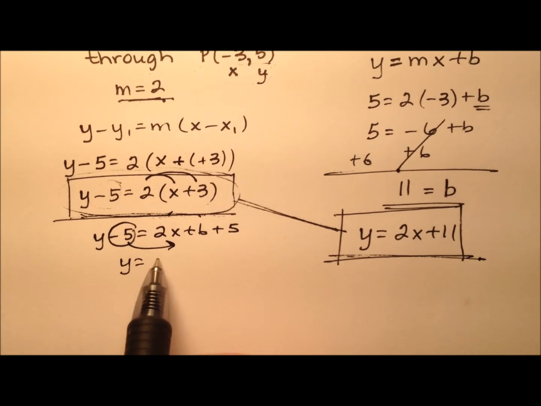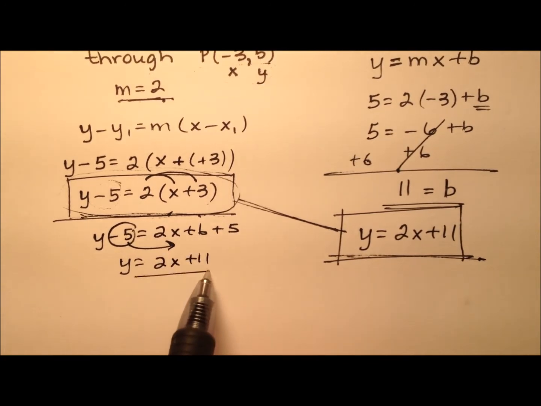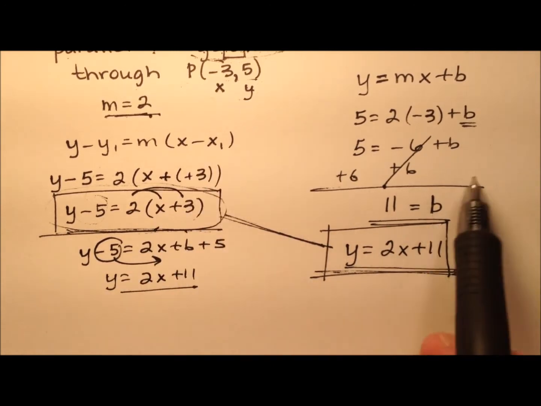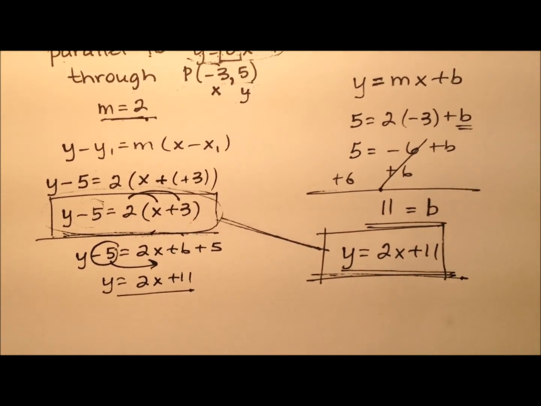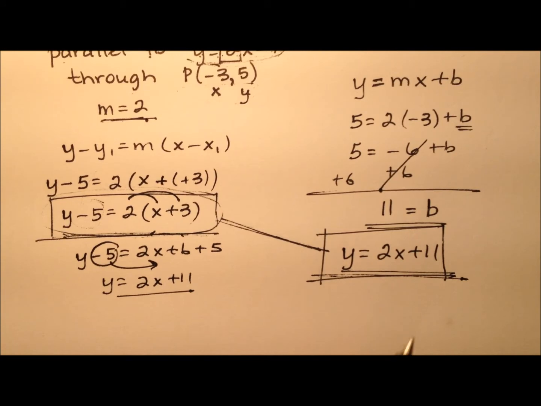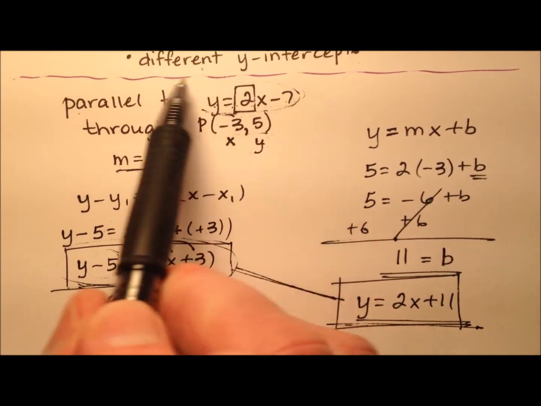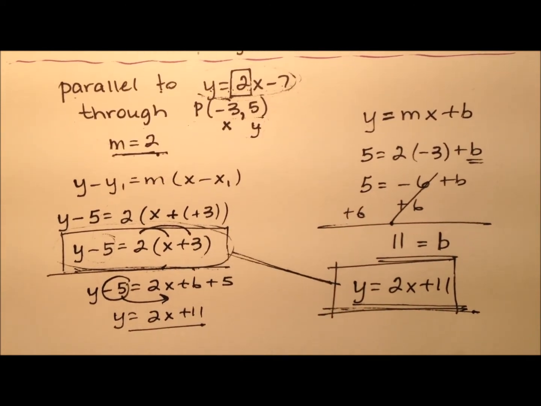So y equals 2x plus 11, and there you see it's the same thing. I'll work both ways in all these examples, so you can choose whichever one you're most comfortable with. After each example, I'll show you the graph of what these look like. So go ahead and take a look at this first graph.